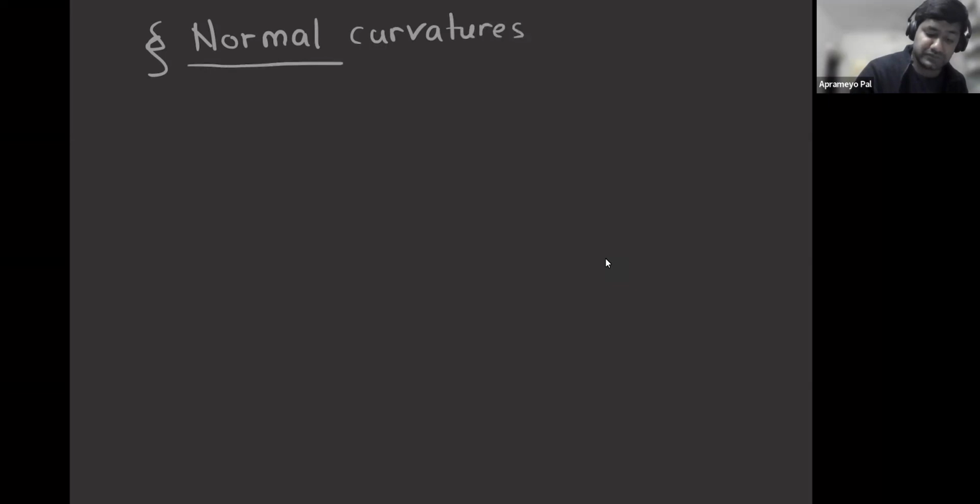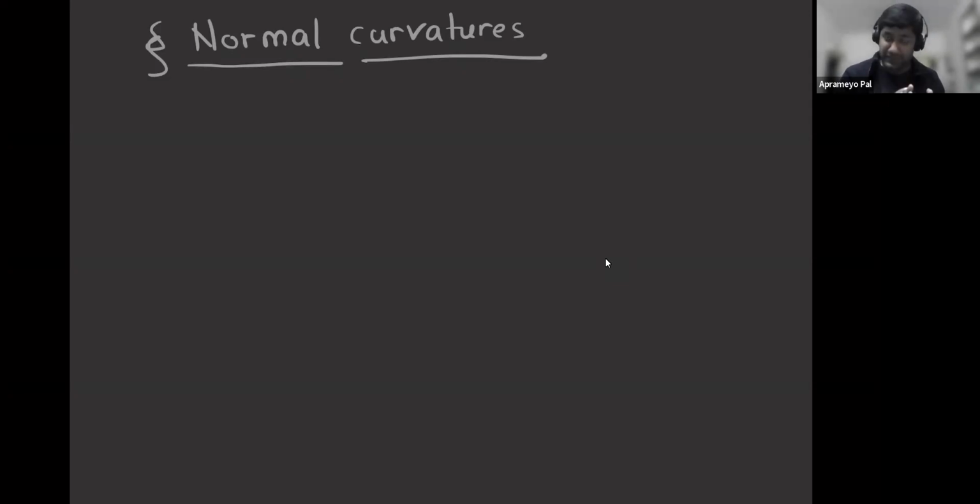Which is called normal curvatures. So as I said, in yesterday's talk and again in today's also, we are trying to define curvature in different ways and hope that every definition will lead to the same definition.